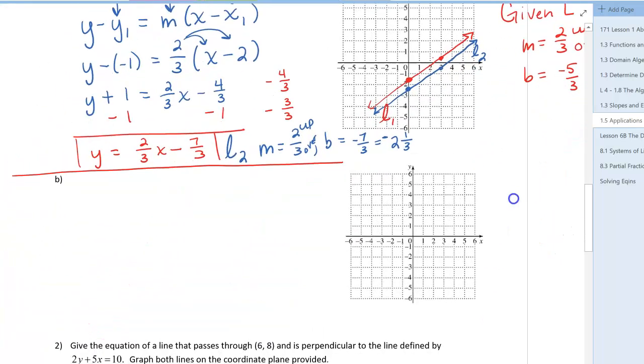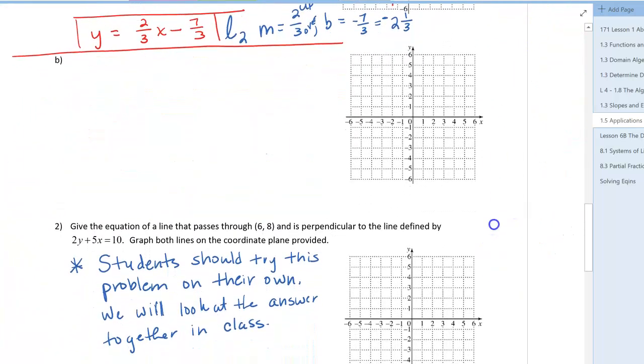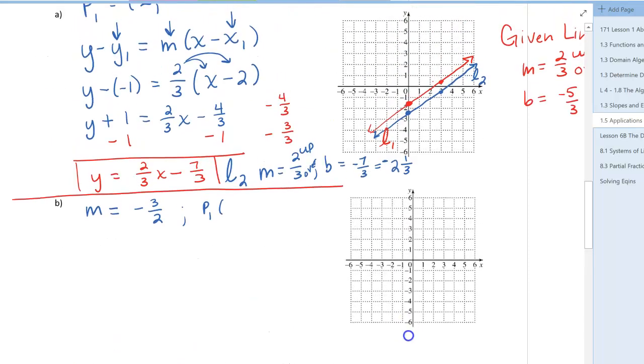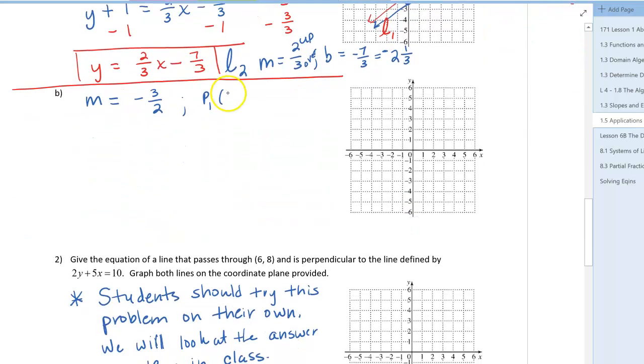All right, the last one I'm going to do is B. So remember, our slope is now the opposite and flipped, so it's negative 3/2, but we're still using the point that we used, and that was (2, -1). So I'm going to have y minus y sub 1, which is negative 1, equals negative 3/2 times x minus 2.